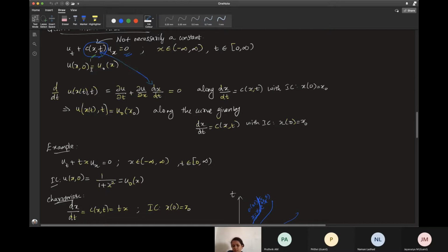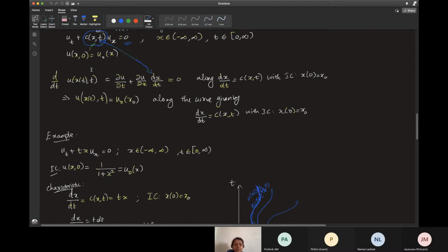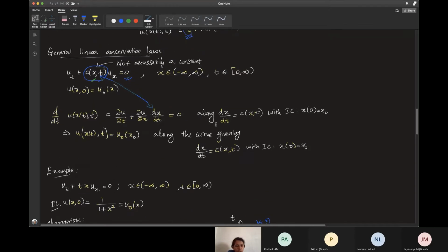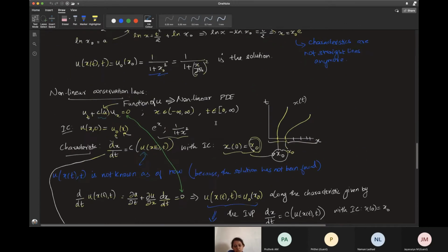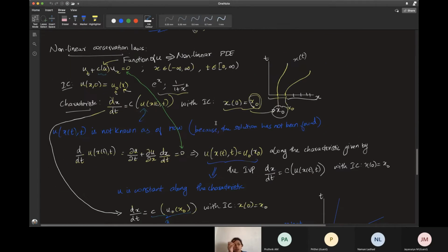We had characteristics which are basically curves. Then we went on to seeing another case, which is a nonlinear case where the coefficients are functions of u, where c is a function of u.